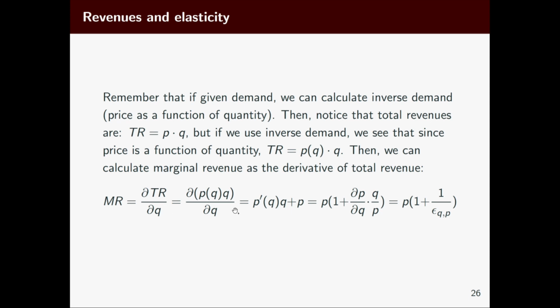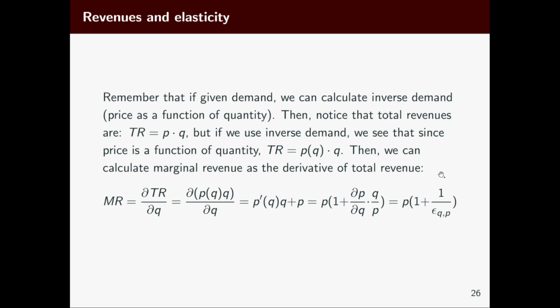So the partial derivative of total revenue with respect to Q is this function here. We can rearrange things using algebra to this function here. And then further, we can simplify it using the definition of an elasticity into this function here. So marginal revenue is going to be price times 1 plus 1 over the own price elasticity.